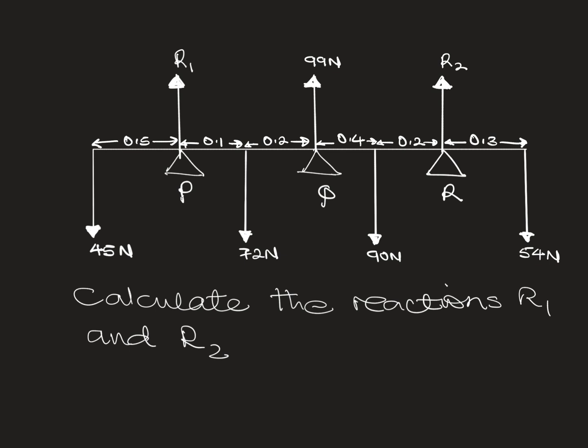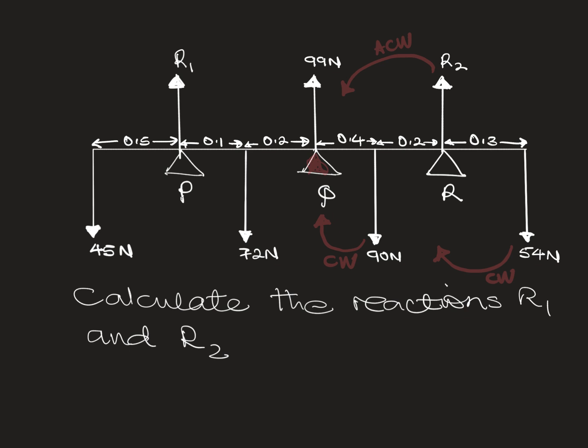If I take moments at pivot Q, this is a downward force, so the 90 Newton will be clockwise, the 54 Newton also towards pivot Q will be clockwise. R2 is an upward force, it will be anti-clockwise.